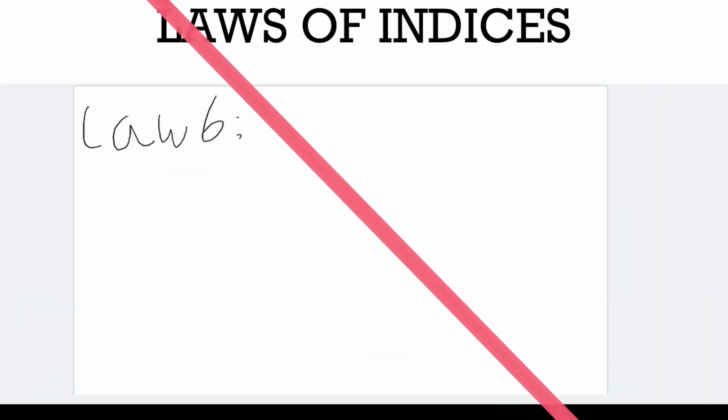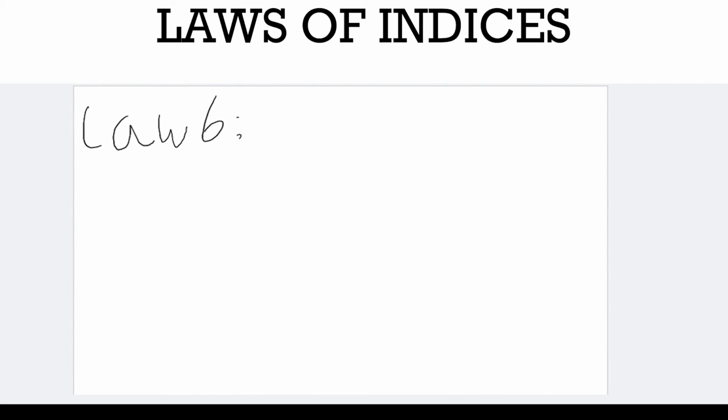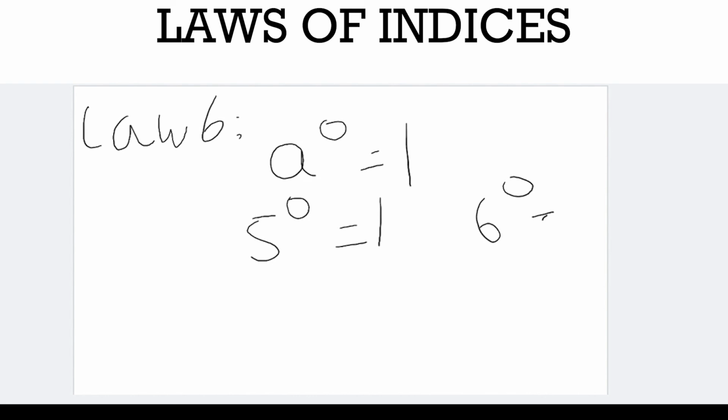Now law number 6 states that any number to power 0 will be equal to 1. For example, a to power 0 is 1. If we write this in numbers, 5 to power 0 is 1, or if we take 6 to power 0, it will be 1. Any number to power 0 has to be 1.